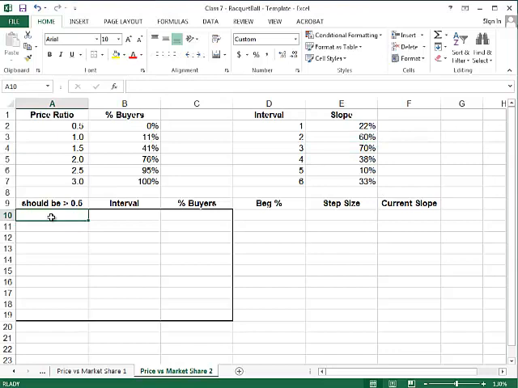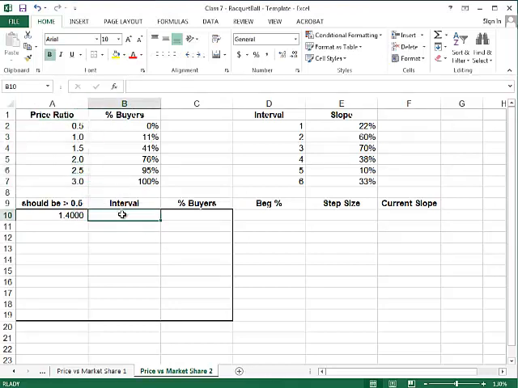Now, given a price ratio, let's say 1.4, here's what I will do. The first thing I need to figure out is in which interval this 1.4 is. In order to do that, I need to figure out where this value lies in this price ratio list.